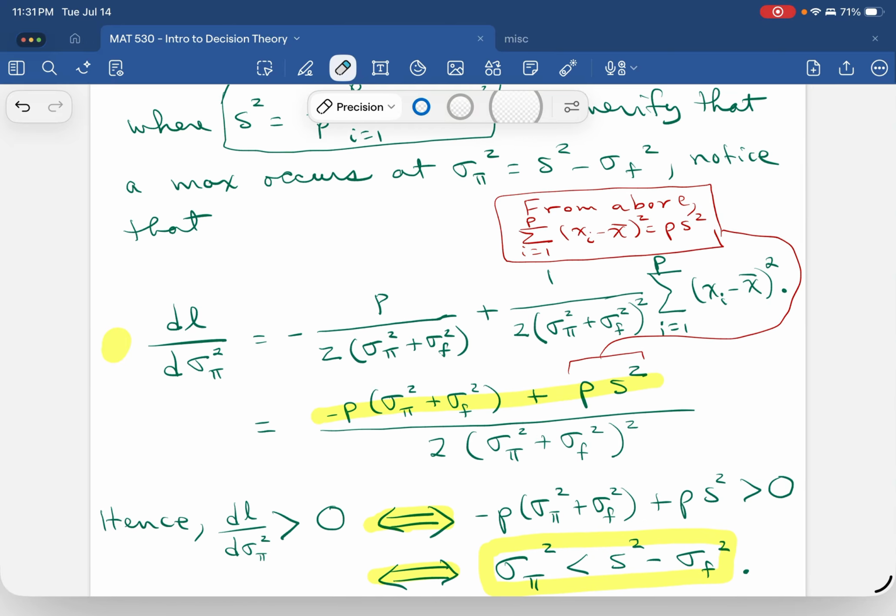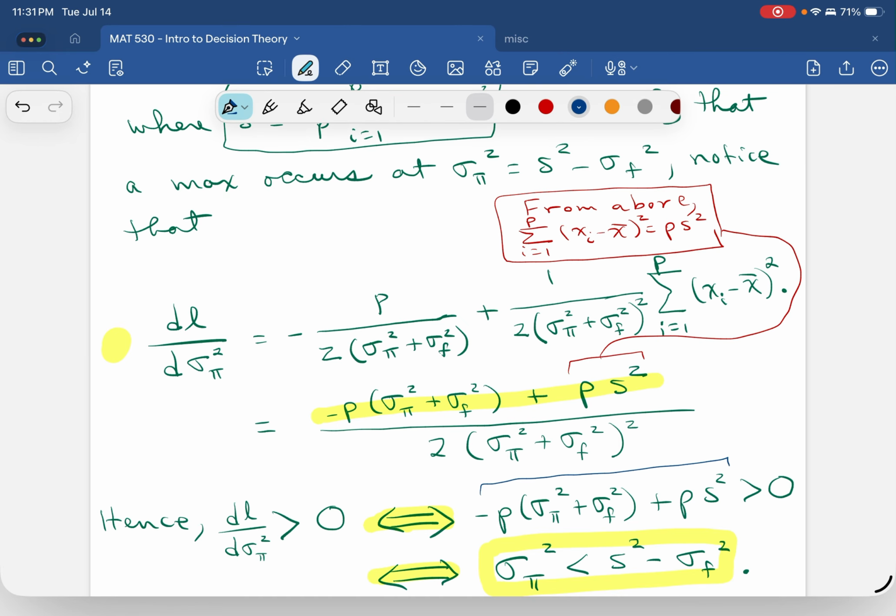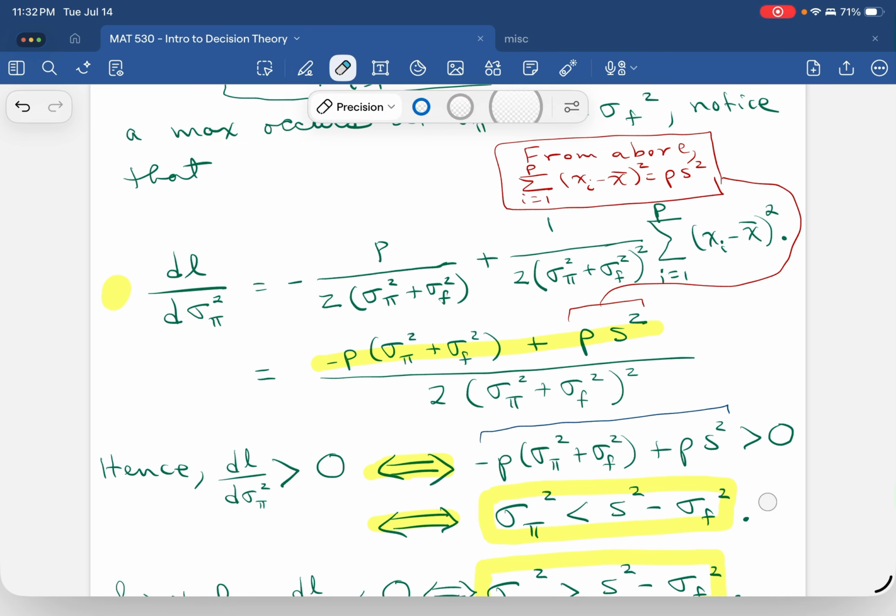And then from there we see that this derivative will be positive if and only if this numerator is positive, right, since the denominator is clearly positive. And so that's if and only if sigma sub pi squared is less than s squared minus sigma sub f squared. I skipped a few steps there, but I'll let y'all do the math there.